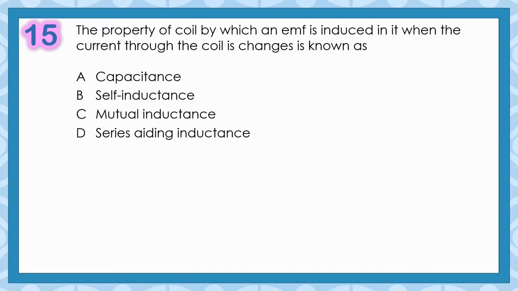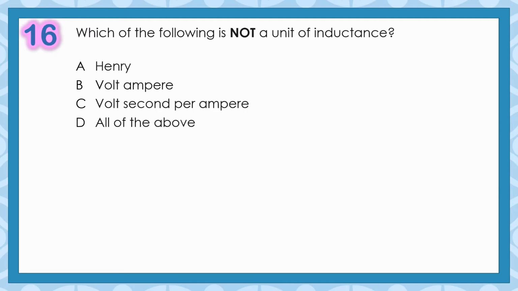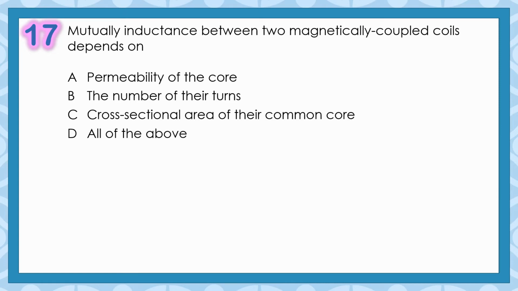The property of a coil by which an EMF is induced in it when the current through the coil is changed is known as? For question number 16. Which of the following is not a unit of inductance? Question number 17. Mutual inductance between two magnetically coupled coils depends on?